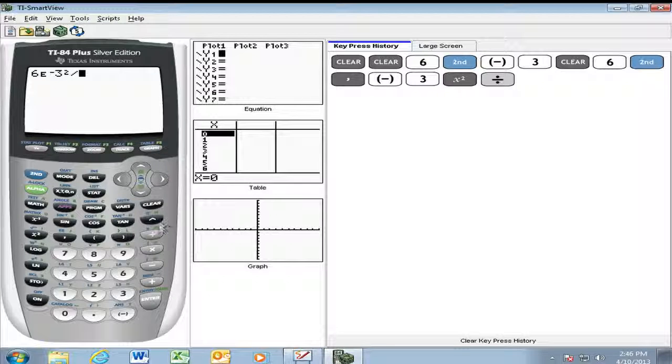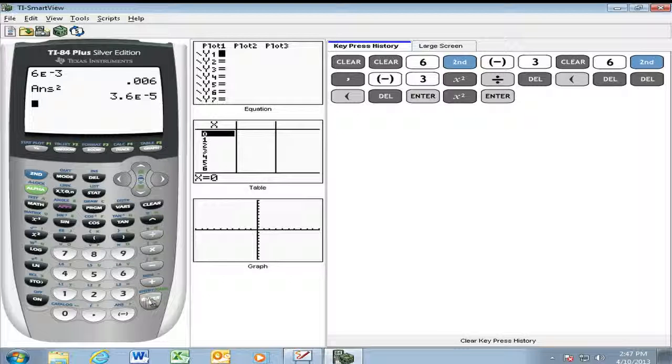Actually, let me just delete back here. Let's evaluate first. Let's just evaluate this, and then we'll square it just so you can see.